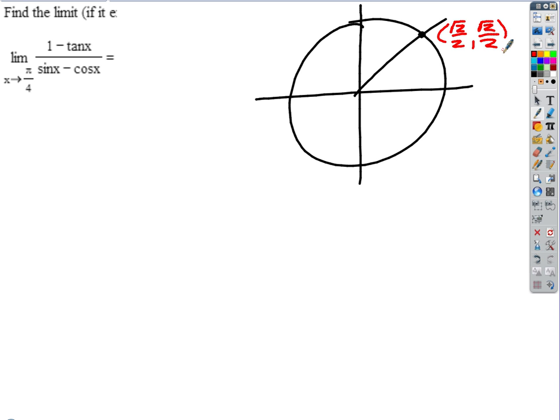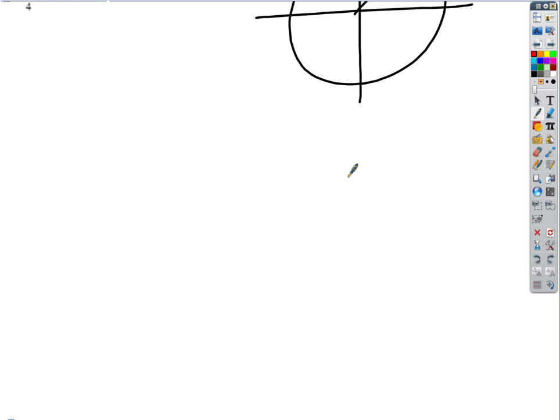Okay, but this is not one. Remember that the ones that we did in class always relied on our special limits, which look like this. The limit of sine theta over theta as theta approaches 0 is 1. Good.